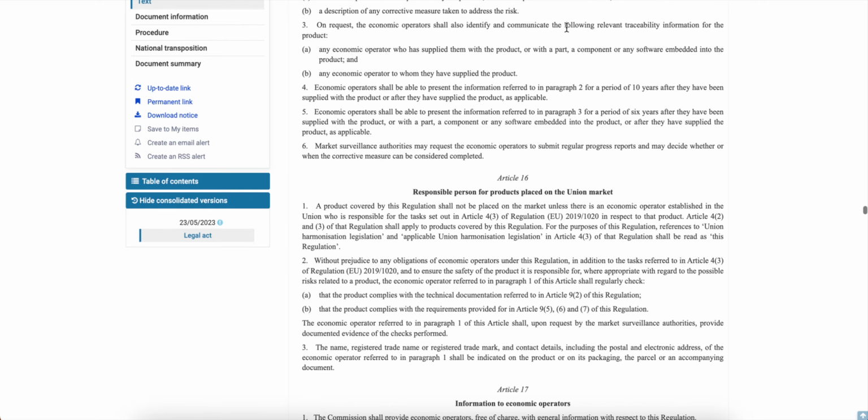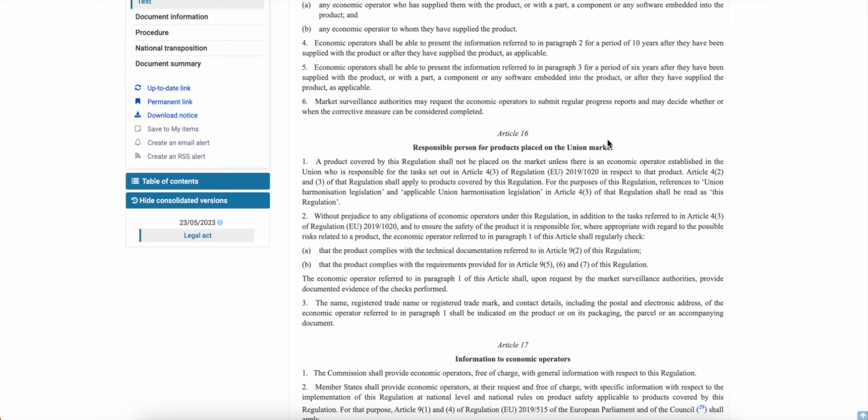Okay, let's scroll down here to Article 16, and this concerns responsible person for products placed on the union market. And in short, what Article 16 is about essentially says that a product covered by the GPSR can only be sold if there is an economic operator established in the EU who is responsible for certain tasks.